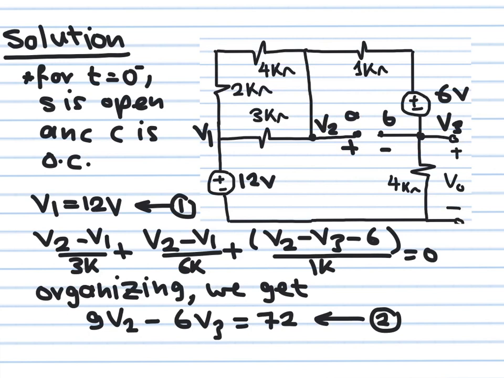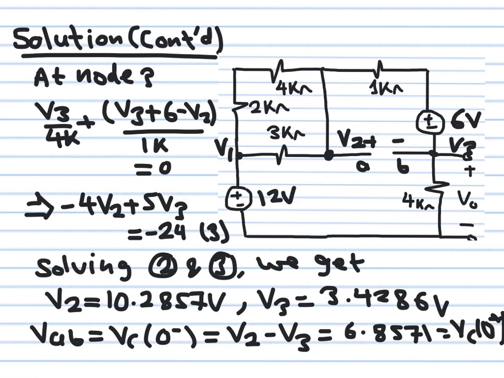Remember, we have three nodal voltages we are looking for, V1, V2, and V3. We already know what V1 is. Then we need to get two equations between V2 and V3. We already have one equation from node 2. Then writing KCL at node 3 will supply us with the third equation.